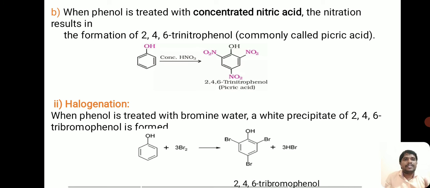Second kind of electrophilic substitution reaction is halogenation. When phenol is treated with bromine water, a white precipitate of 2,4,6-tribromophenol is formed.